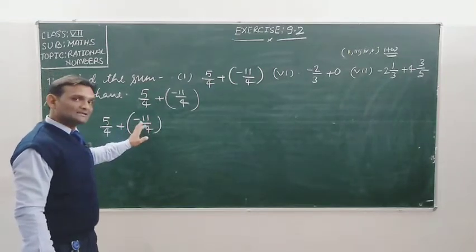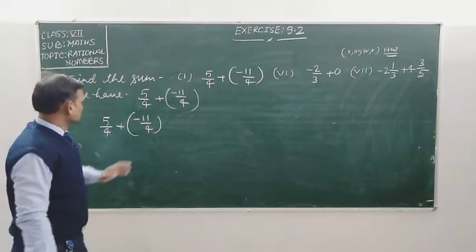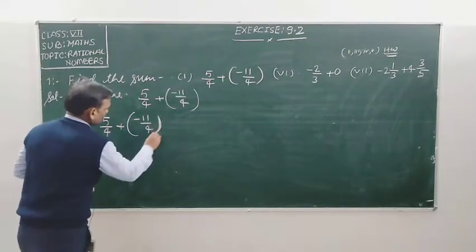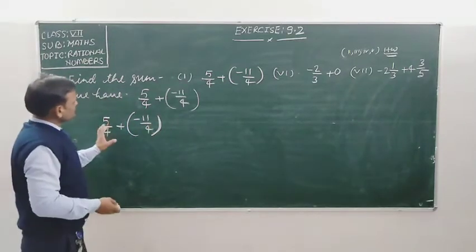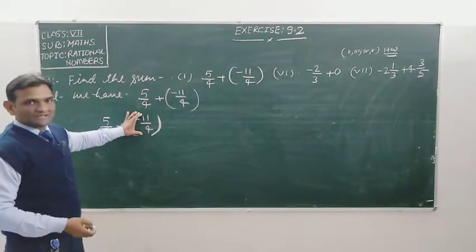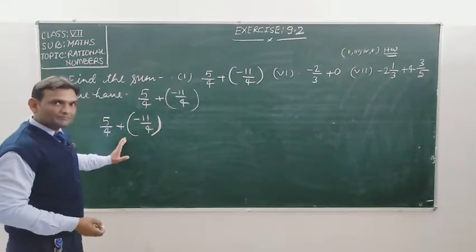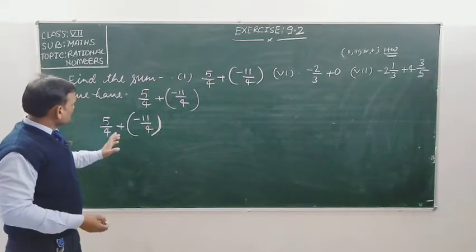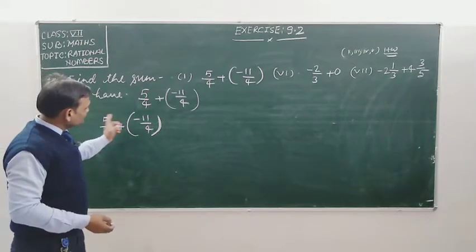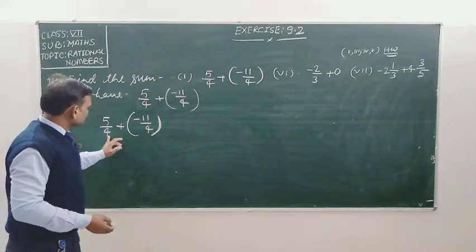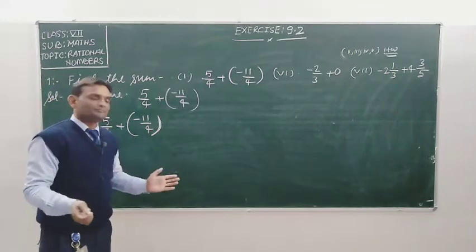So for showing the other sign, we use the bracket. Here you are seeing that two rational numbers are given and we need to add them. Of these two rational numbers, the denominators are the same.